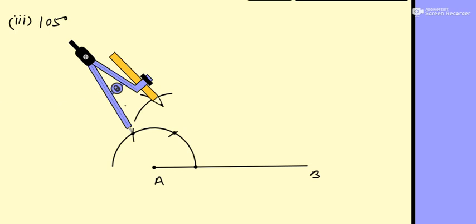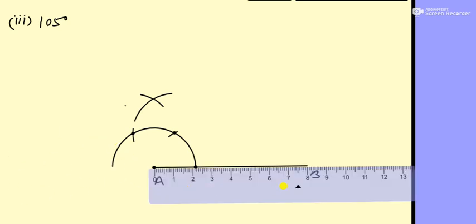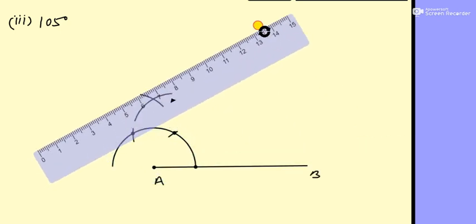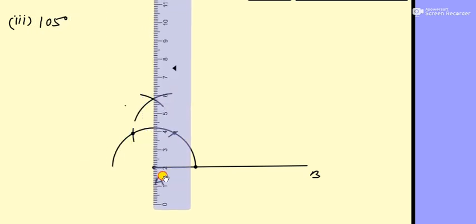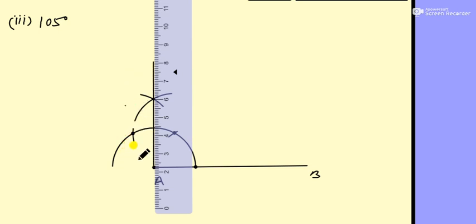So you can remove the compass and now with the help of scale we can draw the line. Yes, with the help of pencil you can draw a line. It is very clear.